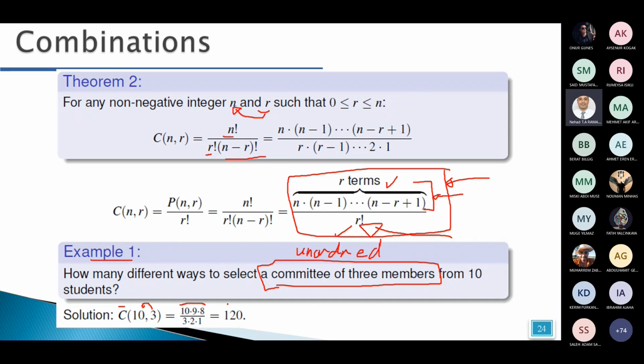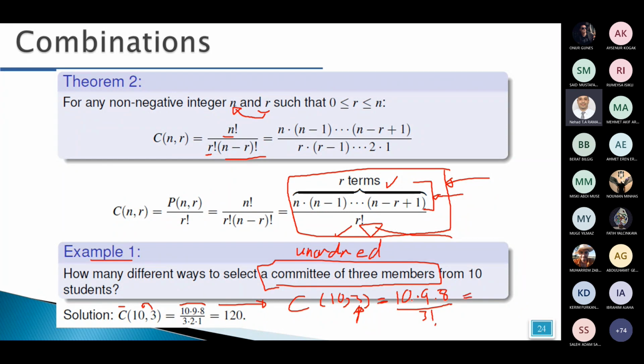Let me write it here. So it's combination for 10 and 3. So it's equal, now get the 3 terms: 10 multiplied by 9 multiplied by 8, divided by R factorial. R, which is this one, yes? So divided by 3 factorial.